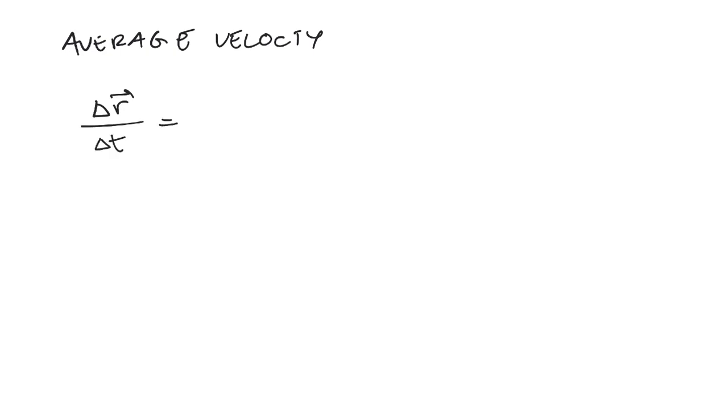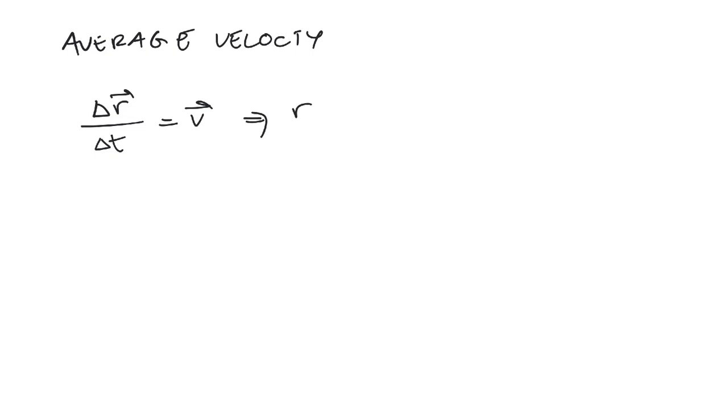So if we took that and wanted to do something like average velocity, we would say that change in position divided by change in time equals your velocity on average. So your velocity vector would then be like your displacement vector divided by delta t.